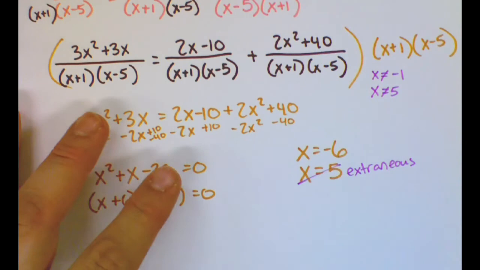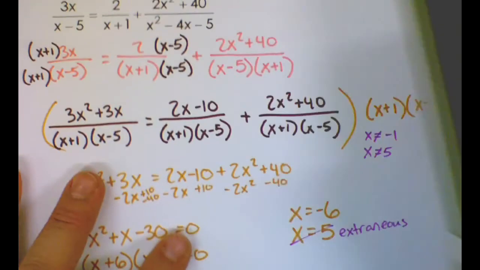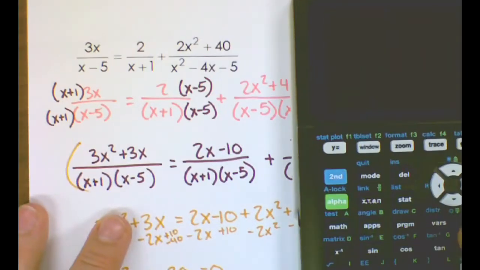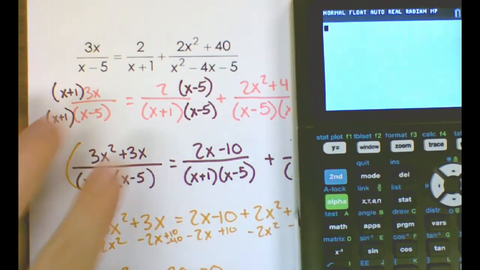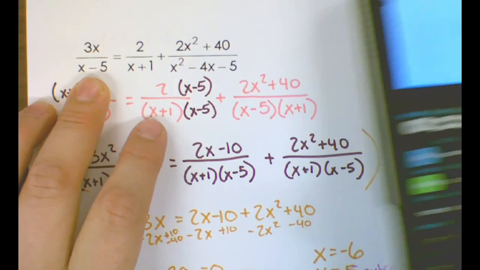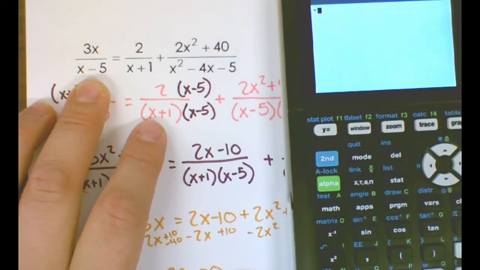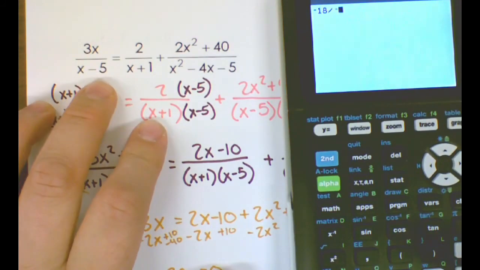To check negative 6, I recommend calculator. Go back to the very original. If it's not going to give you a denominator of 0, go back up here. All right, negative 6 is what I'm checking. So that's negative 18 over negative 11, okay?